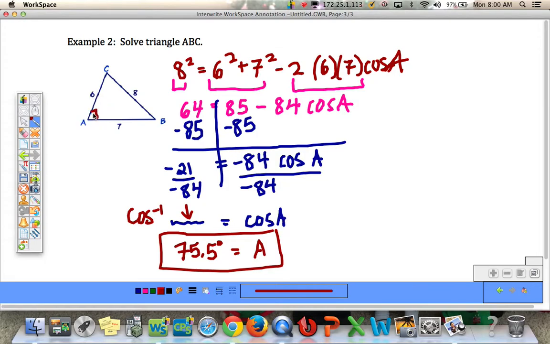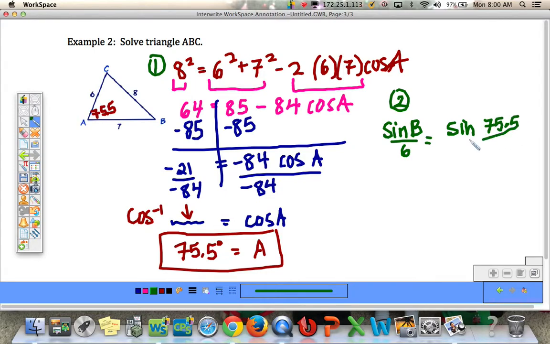If I write that in, now I have a complete ratio. And now I can use law of sines. So here was the first step. Second step is let's use law of sines to solve for another angle. You can choose what angle you want. I just chose sine of B. So sine of B over 6 equals our complete ratio, sine of 75.5 over 8.